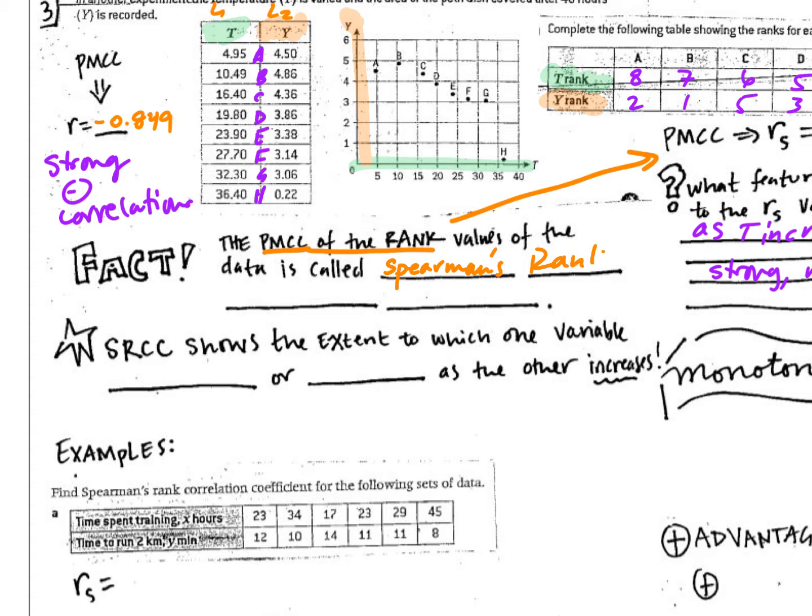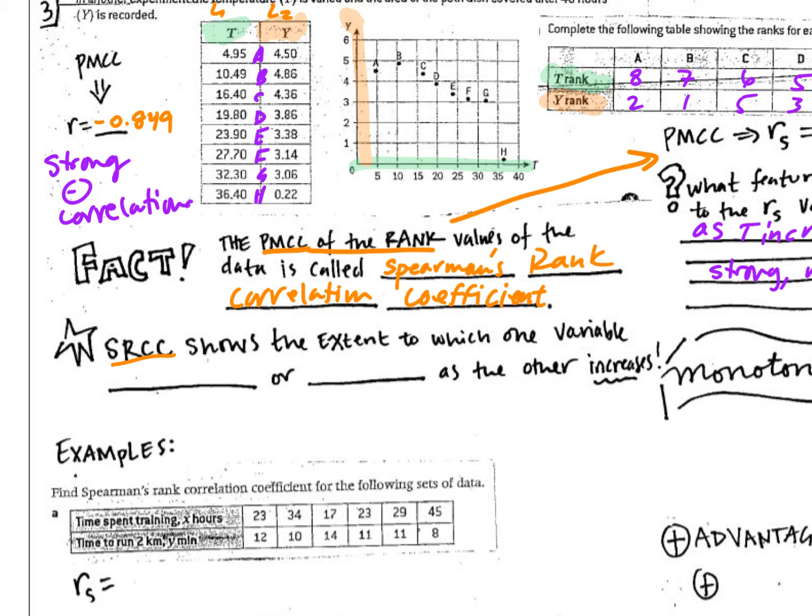rank correlation coefficient. Sometimes I swap the C's in my mind, so I'm sorry if I mess up coefficient. Sometimes you will see it in shorthand, because we have all these acronyms.